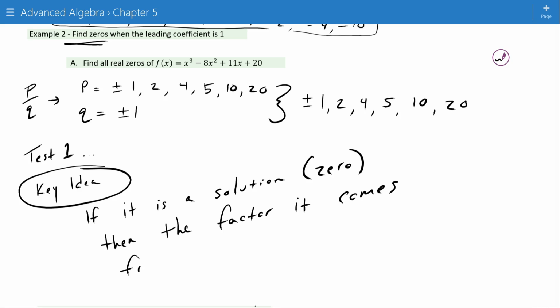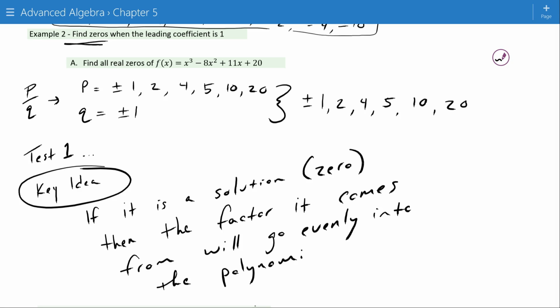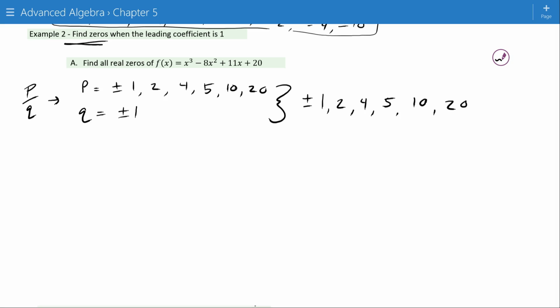The factor that it comes from is going to divide evenly into that original piece. In other words, if something goes evenly into it, it has no remainder. And that's super crucial here: if you test a point, we do not want a remainder, because that indicates that it's not an actual solution.